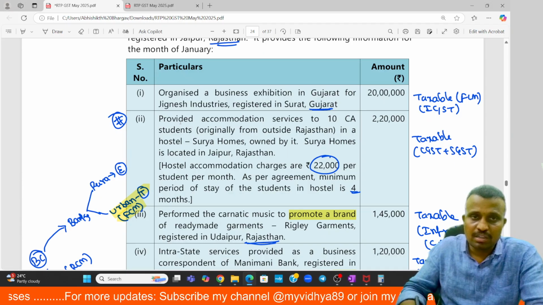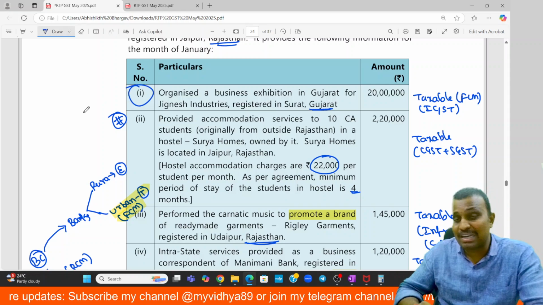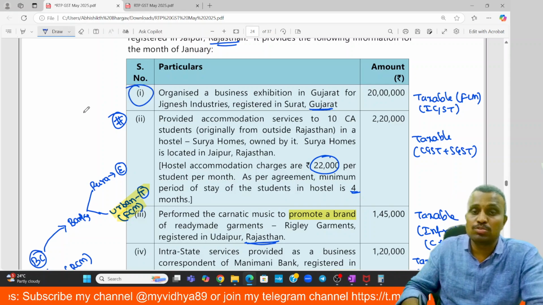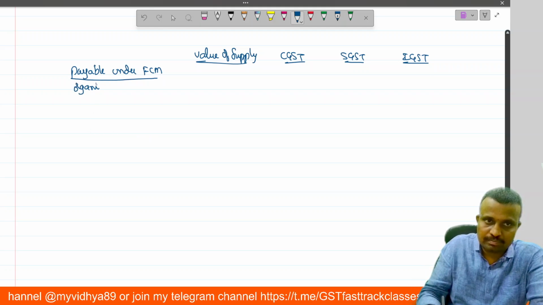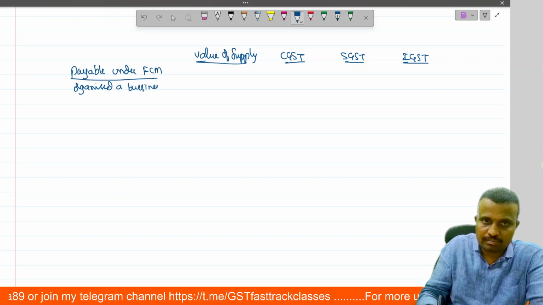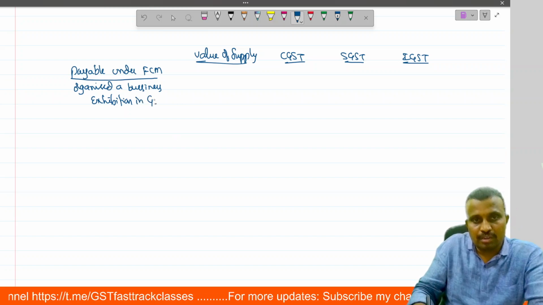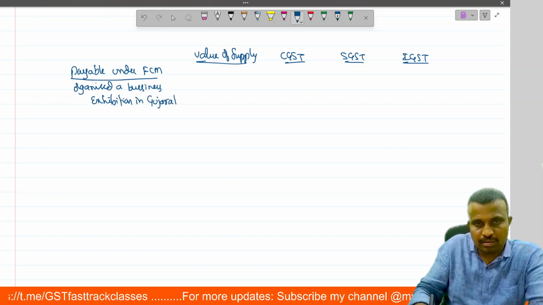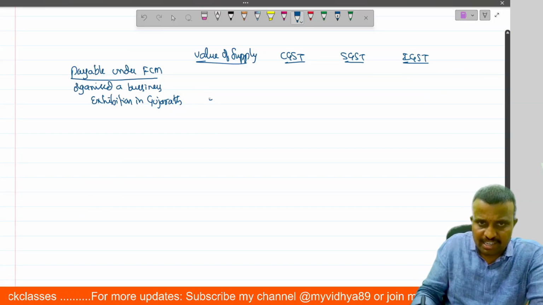Coming to the first point, business exhibitions: they organized a business exhibition in Gujarat. So what is the value of supply? 20 lakh.